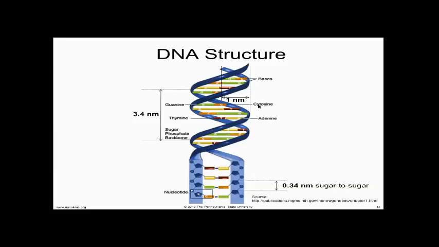So a G forms to a C, and a T forms to an A. And if I have an A on this side, it's going to be a T on here. So it's kind of like a reverse image. Does everybody see that? So there's a rule of G's and C's and a rule of A's and T's. So if you knew one side of the DNA, one side of the strand, you know the other strand.